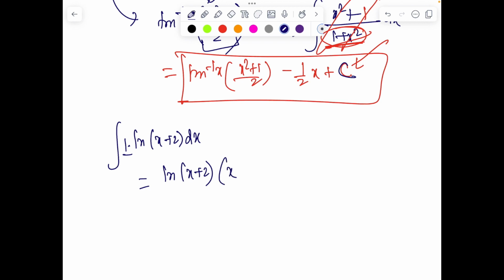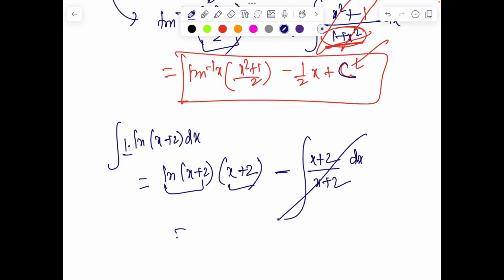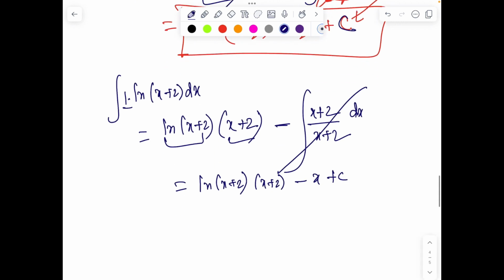Now again, instead of integration of 1 dx as x, I'll select x plus something such that the differentiation of this becomes x plus 2. If I put x, I need one more calculation. So this time, instead of the integral of 1 as x, I'll select x plus 2 everywhere. And that makes our life so simple. So it's x plus 2 minus x plus constant is x.